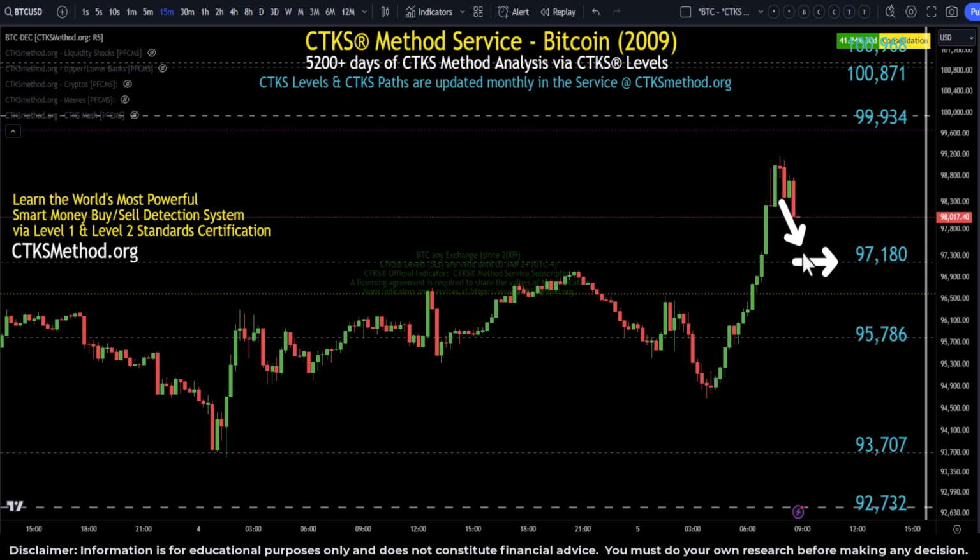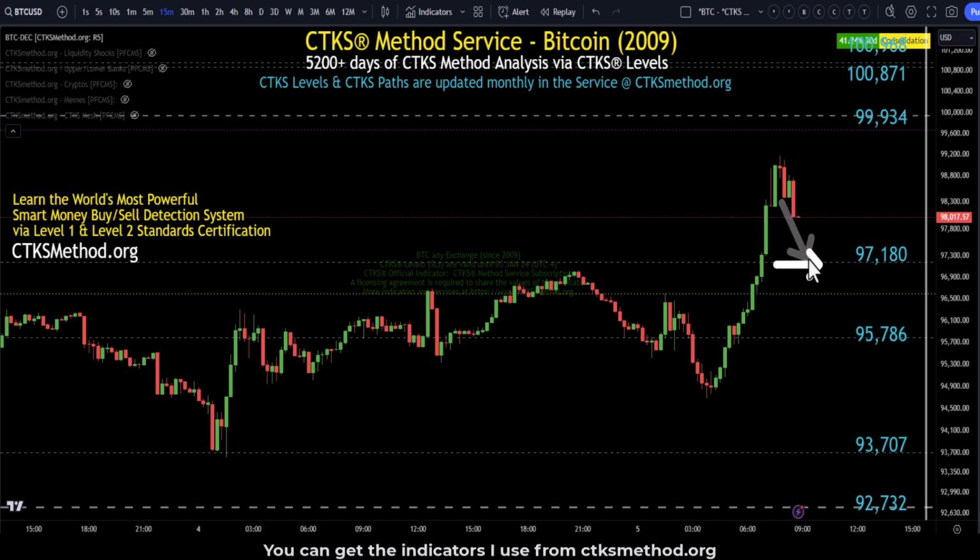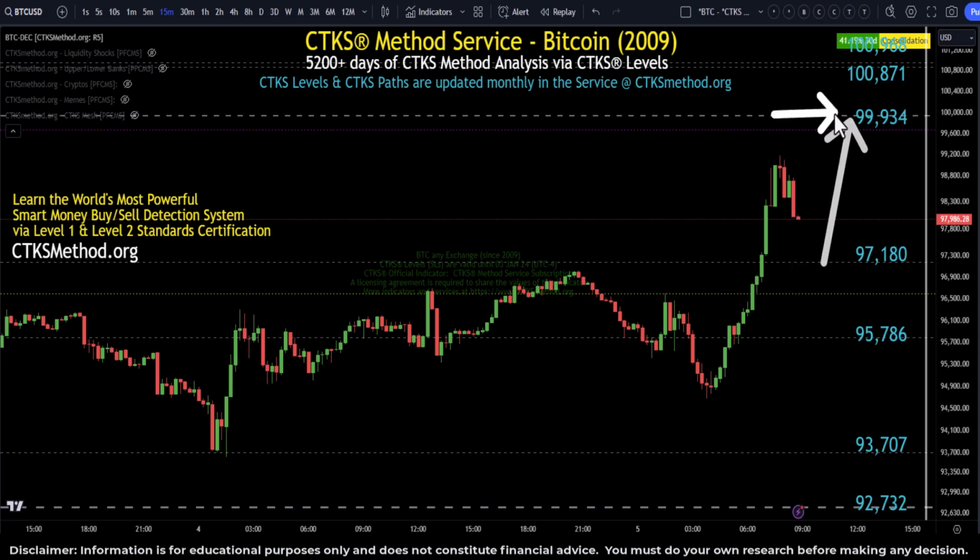If this structural attraction just back to here holds and we get a bounce, we're expecting positive structural attraction to the 99,934 level. It's realistically so simple. If a structural level holds, it's going in the opposite direction. And if a structural level holds here, it's going in the opposite direction. It is really simple.